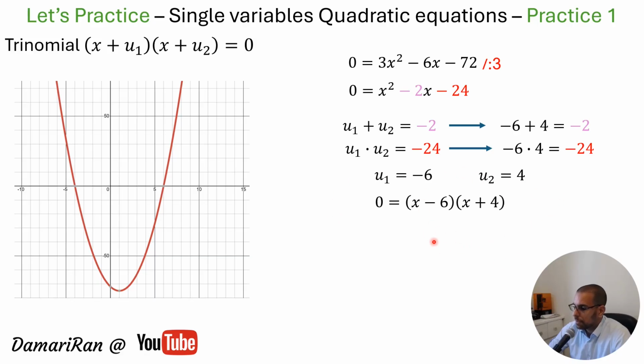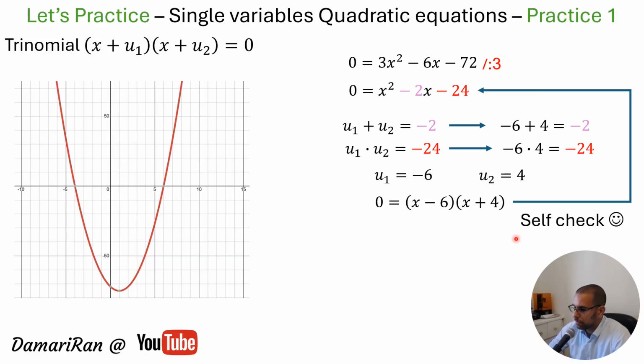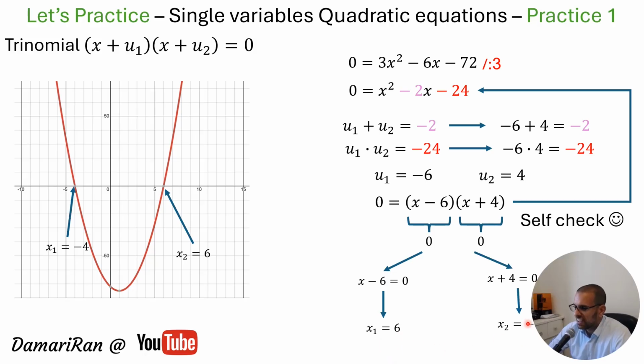Let's demand that this will be equal to 0 and this will be equal to 0. Of course, you can self-check. And from that we get that x1 is equal to 6, and x2 is equal to minus 4.